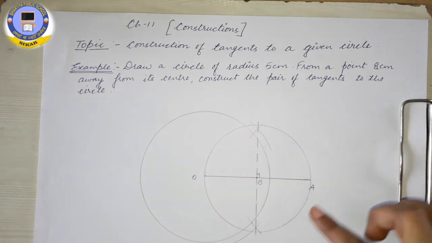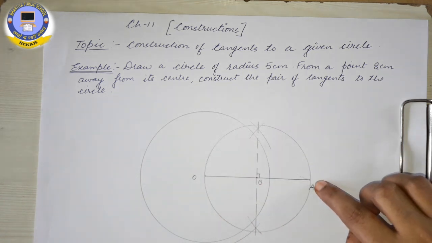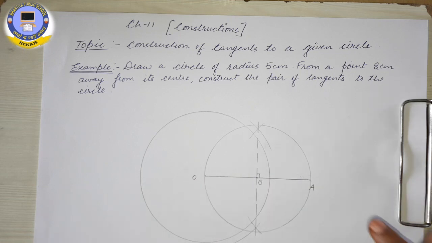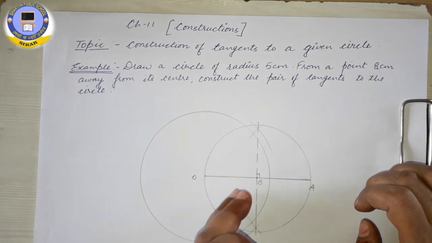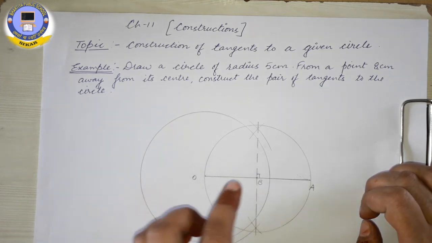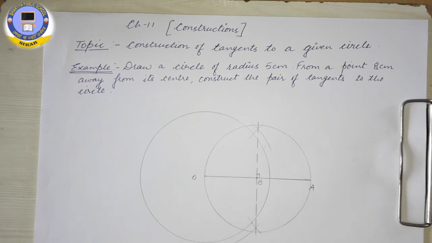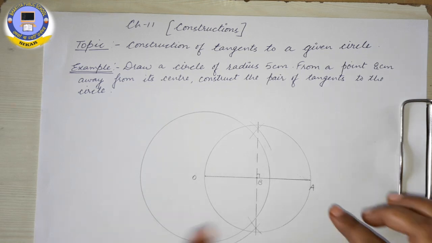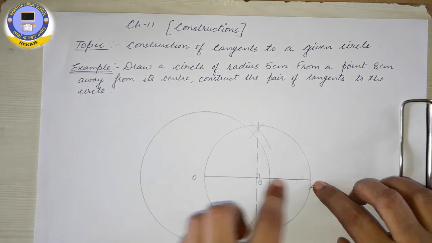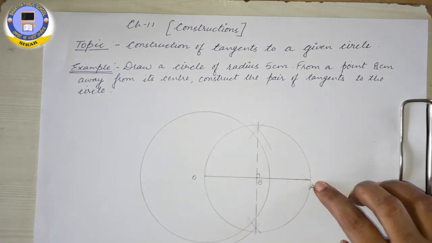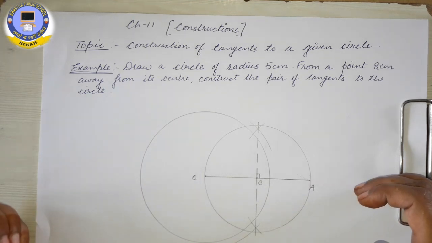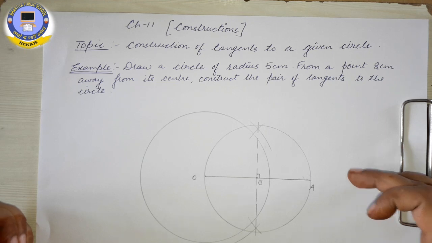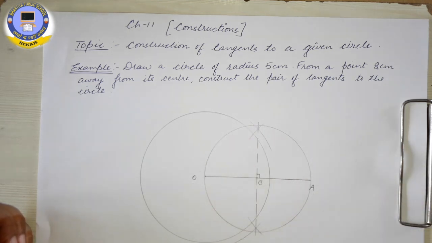Draw a circle which must pass through O and A. When you draw the new circle, it will pass through both A and O. If any point lies inside or outside the circle, it means you have made a mistake somewhere. See, in this construction this new circle is passing through O and A, it means we are right.